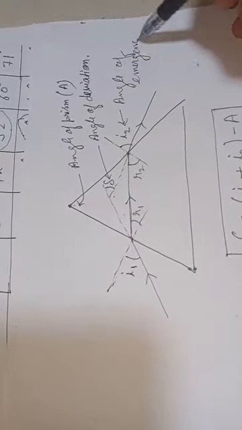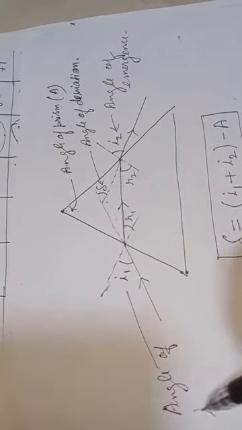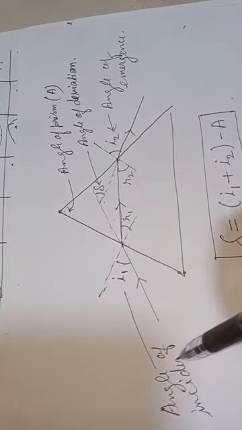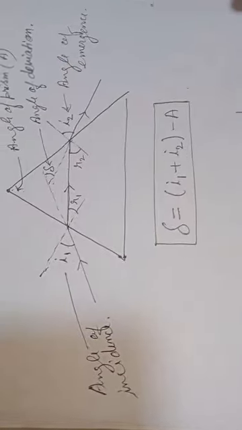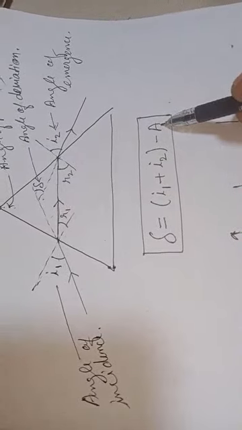And this is the angle of incidence. To save our time, I'm not deriving this relation. We have a relation between the angle of deviation, angle of incidence, angle of emergence and angle of prism.